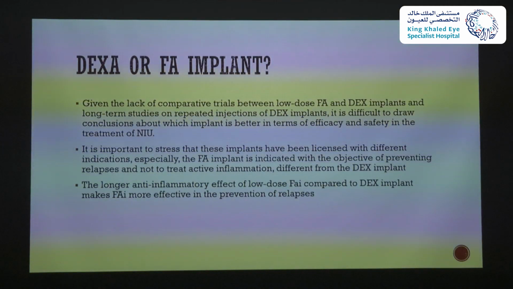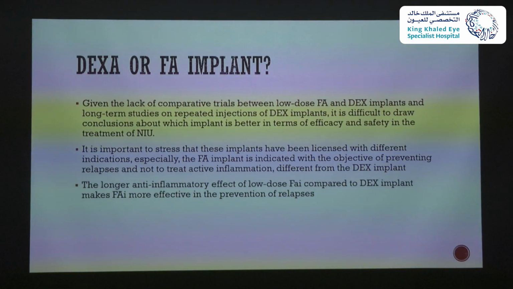Now, what to use? Dexamethasone Ozurdex or Iluvien, let's say, because we are using Iluvien. Actually, there is a lack of comparative trials between those two medications, so it is difficult to draw a conclusion about which implant is better in terms of efficacy and safety in the long-term treatment of non-infectious uveitis.